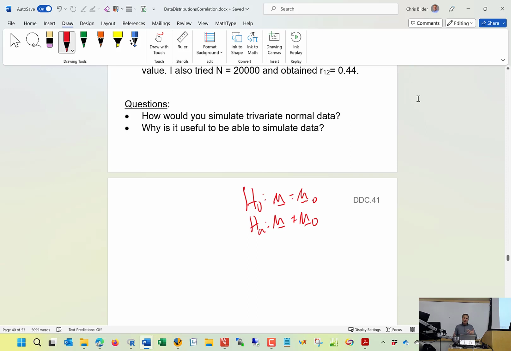Now, if you're simulating data assuming that the null hypothesis is true, meaning that your multivariate normal distribution truly does have, let's say, some specified mean vector, then if you're using alpha 0.05, you would hope to reject just 5% of the time. But if it doesn't, then that can be a warning that this statistical method isn't working as advertised.